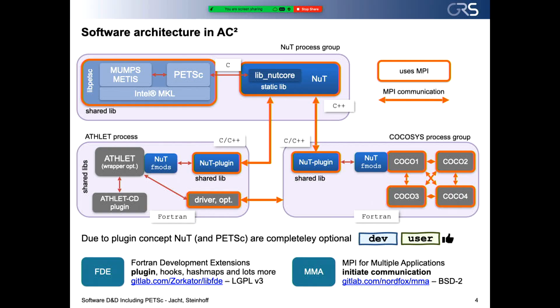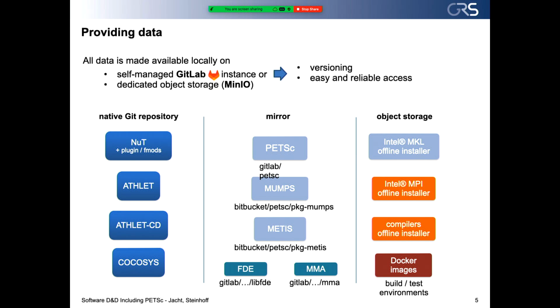Okay, how to actually get our hands on all of these things. We have to provide the data in a good way. As you can see in the leftmost column, we have native Git repositories for our own codes. This sounds quite natural.